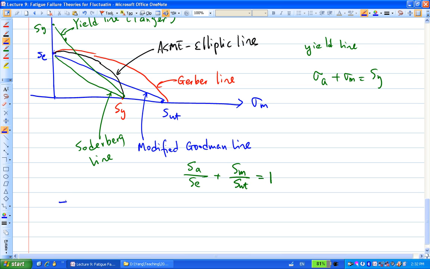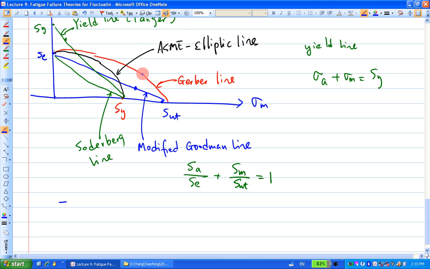Just a number of comments here. Let me ask the question again: how many cycles? If I pick a point on the line here, for example, according to the modified Goodman line, how many cycles will the part last? 10 to the power 6.